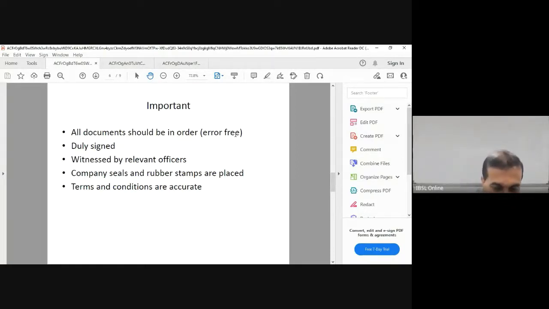If you look at the location, ideally it has to be the bank location, so that there can't be any issues. But I know in certain cases, like corporate customers, they don't like to come to the bank. In such cases, the legal officers and the relevant officers will go to the customer and get the signatures, and you have to ensure the place is properly identified.